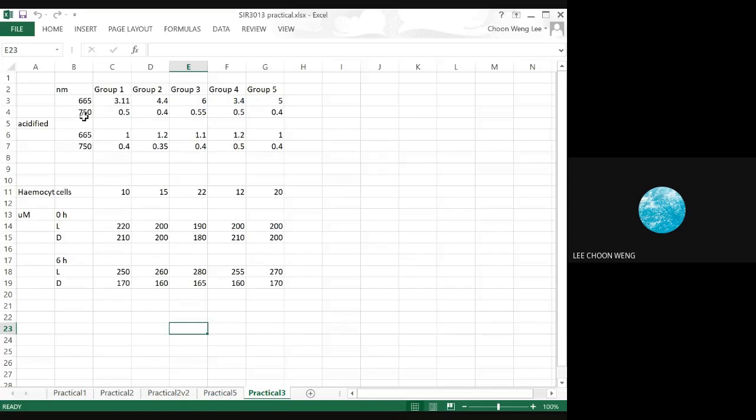The 750 actually allows you to compensate for the suspended solids, for the particulates in the water. So the 665 is a color, so this is monochromatic. If it's trichromatic, you'll have an additional 2 wavelengths, excluding 750, so altogether 4 wavelengths.